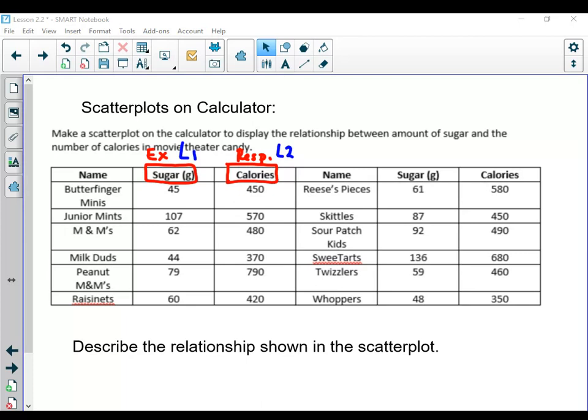And whenever you're entering the data, always make sure your last line matches. In other words, make sure you didn't have an extra amount in one list versus the other.